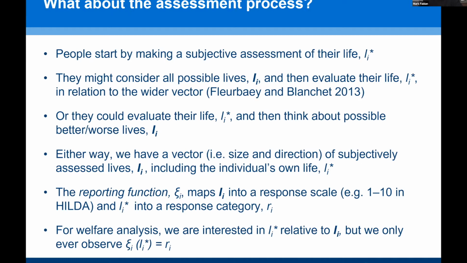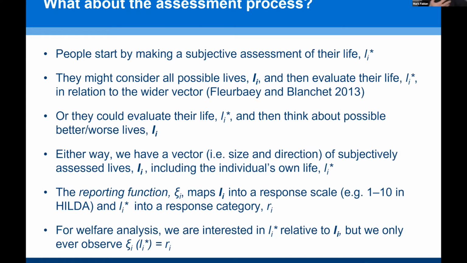Or they could evaluate their life, Li star, and then think about possible better and worse lives. Either way, we end up with this vector, so size and direction, of subjectively assessed lives, Li, including the individual's own life, Li star, and then the reporting function maps that vector into the scale that they're being presented with.